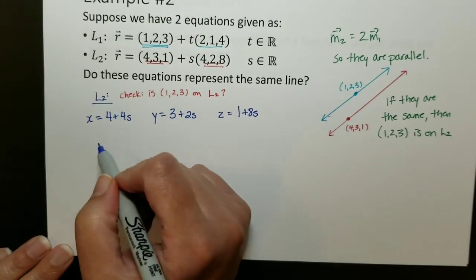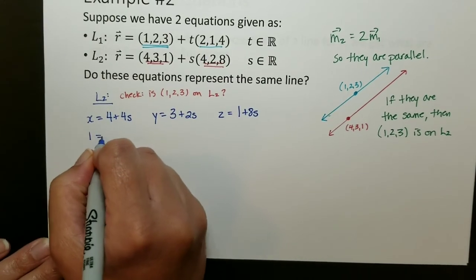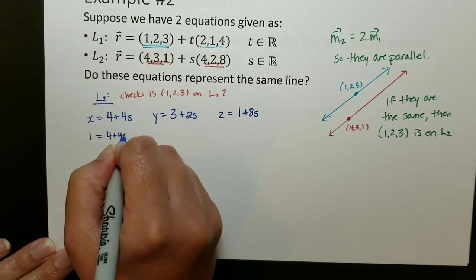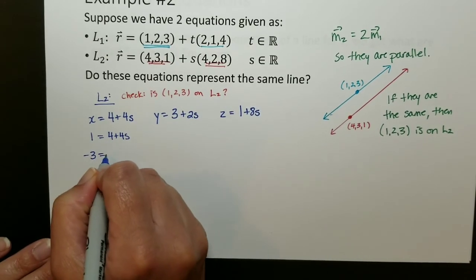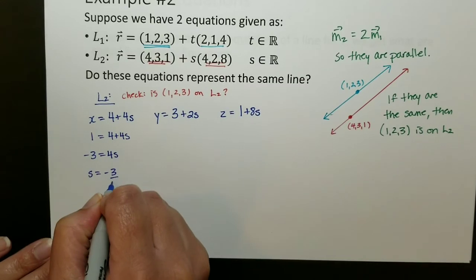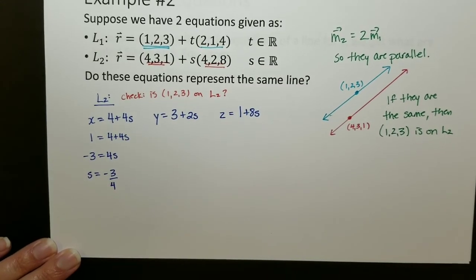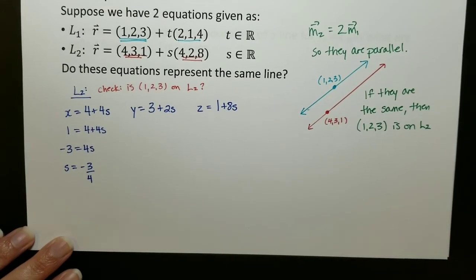So I'm going to sub an x value of 1 in here. So bring the 4 over and subtract. I get negative 3 equals 4s, and s equals negative 3 over 4. So I would need these s's to also equal negative 3 over 4.